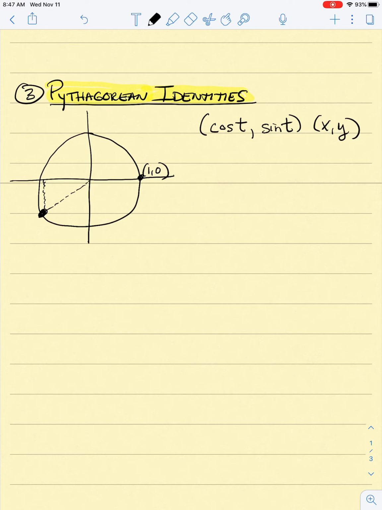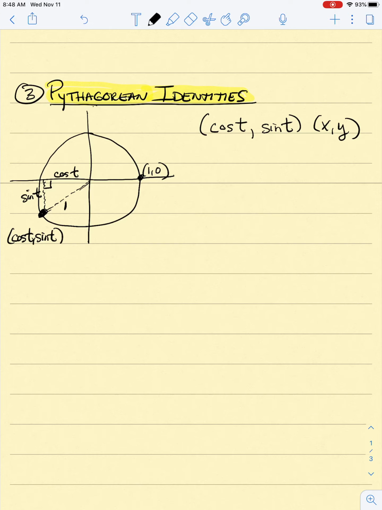So out here, we would have the cosine of t and the sine of t, because over here is your cosine and then sine. And we know that the length of the hypotenuse is going to be 1, because it's a unit circle. If we were to move that triangle anywhere we want, any quadrant, what relationship would be true?